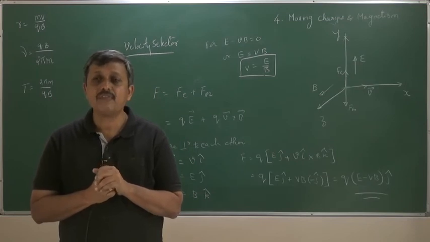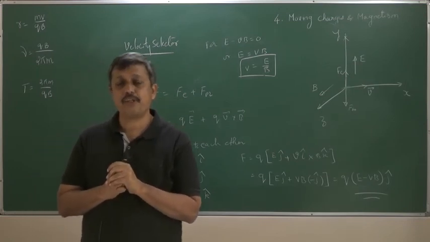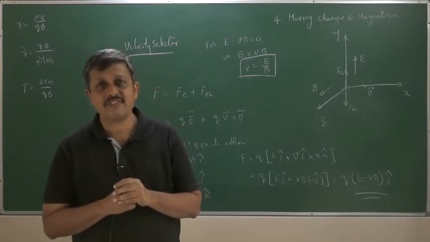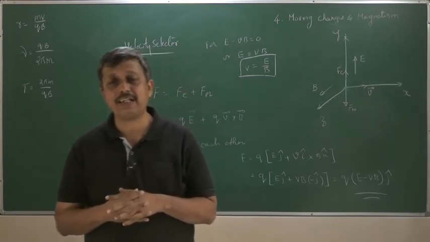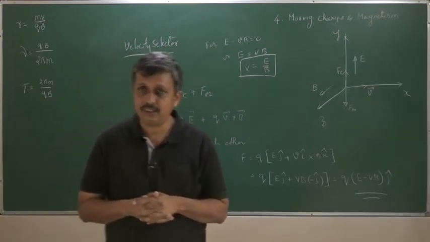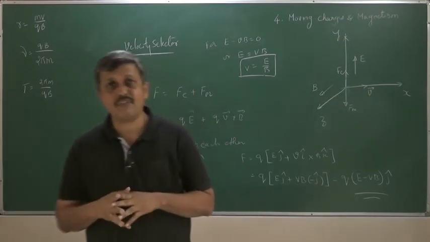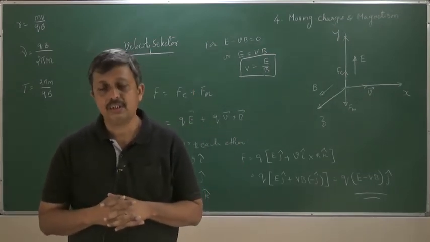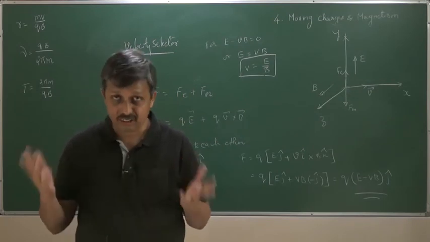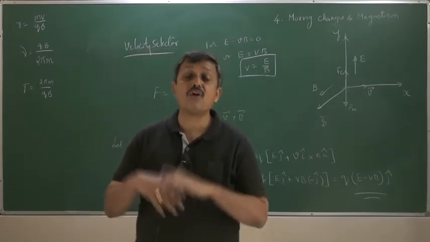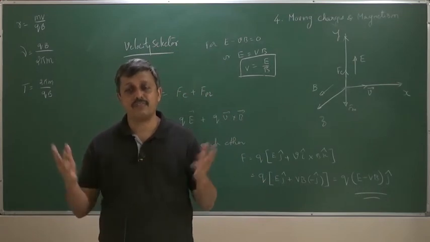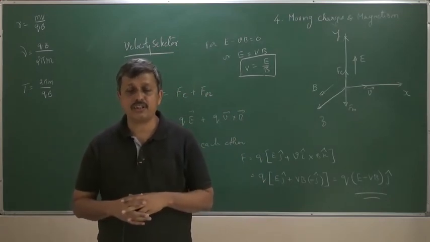Now we have discussed in this session the various kinds of movements of charged particles inside the magnetic field, and we saw that generally if the velocity is perpendicular to B, it always traces a circle. And then we found the radius of the circle and the frequency of rotation and all that.